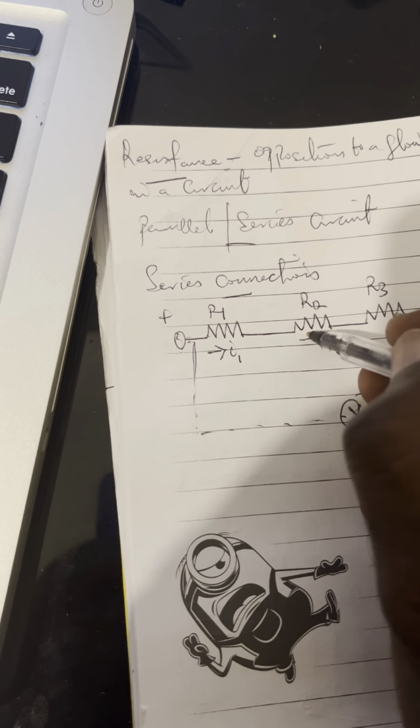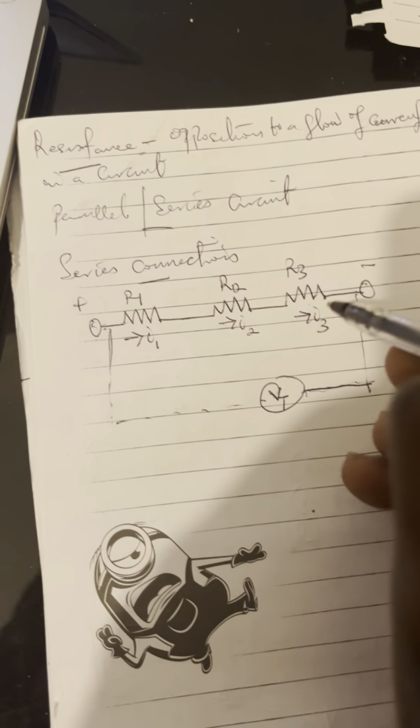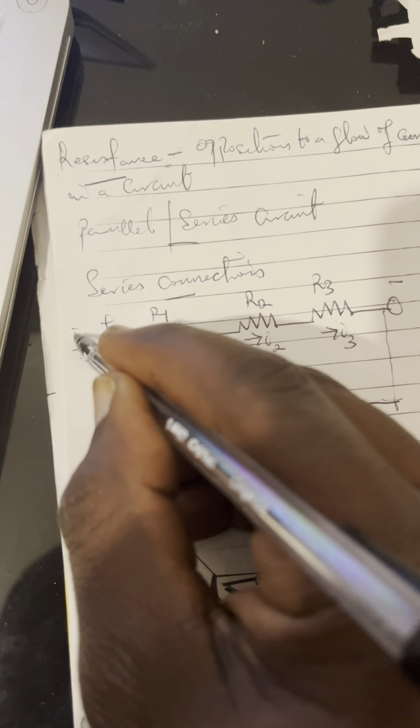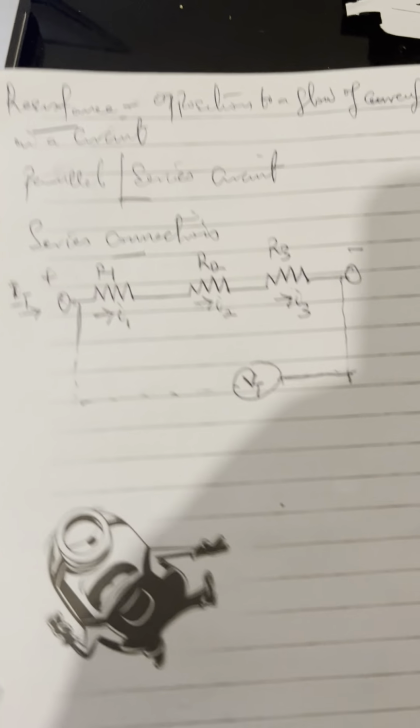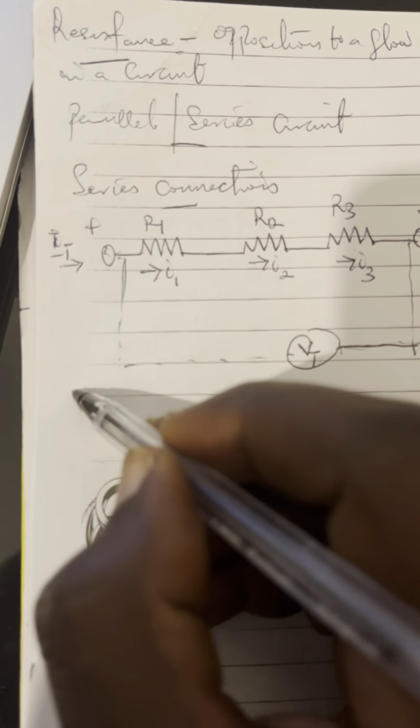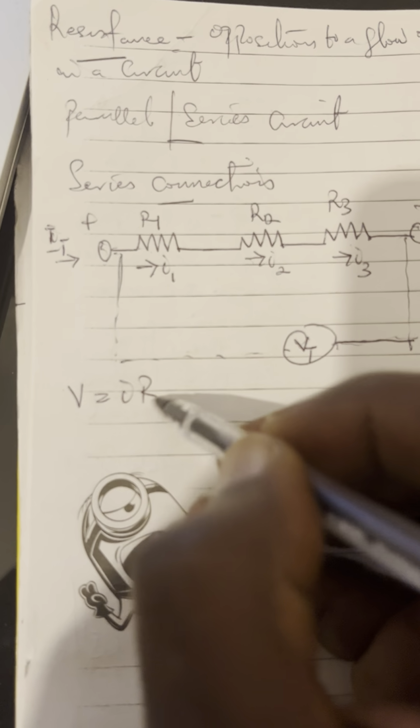There's a current drop here, let's call it I2. There is a current drop here, let's call it I3. Then we have I total. Now, from Ohm's law, we know that V equals IR.